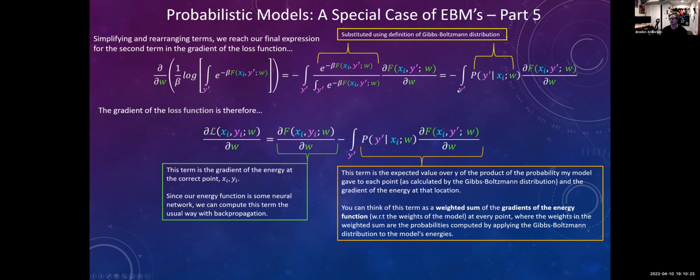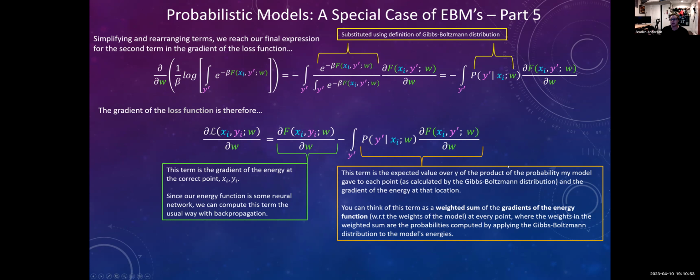And so this second term really becomes a probability that our model assigns to a point multiplied by the gradient of the energy at that point. Okay, so what this second term really is intuitively is kind of turning into an expectation or a weighted sum where we're weighting the gradient at each point by the probability our model gave to that answer.